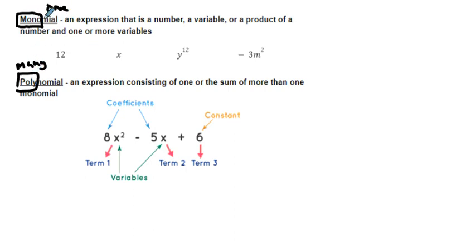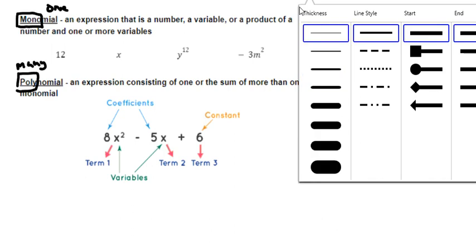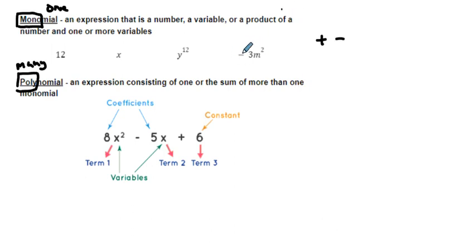A monomial is an expression that is a number, a variable, or a product of a number and one or more variables. You will never see an operator in the middle of a monomial, like a plus or a minus sign. You might see it out front, but think of that more as a negative sign.